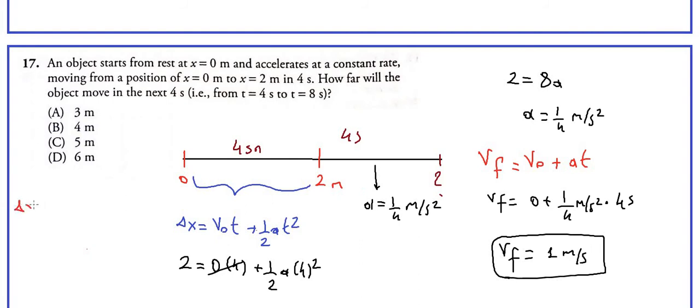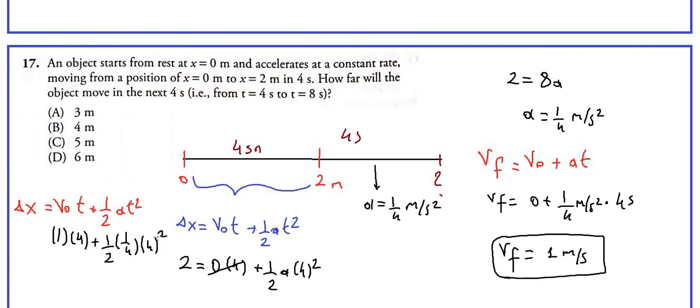So we're going to apply again delta x is equal to v0 times t plus 1/2 at squared. Now we're going to plug in everything. So initial velocity at this interval is 1 meter per second, and time is 4 seconds because we're calculating 4 seconds later, plus we have 1/2, acceleration is 1/4, and t is 4 seconds squared.